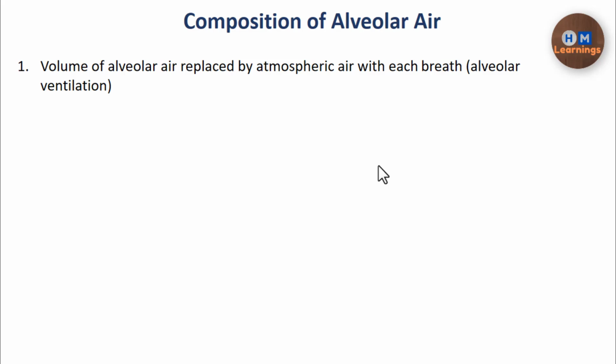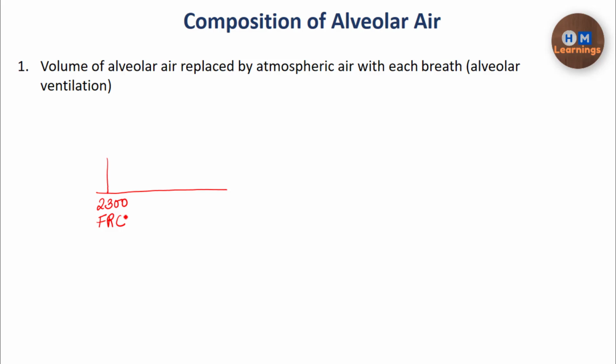If we talk about the concept of functional residual capacity, 2300 ml is the volume of air in the lungs when the person normally exhales. This is for males. It is the volume of air left inside the lungs after a normal expiration.